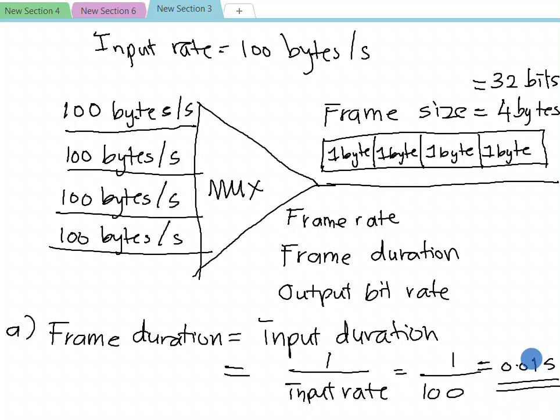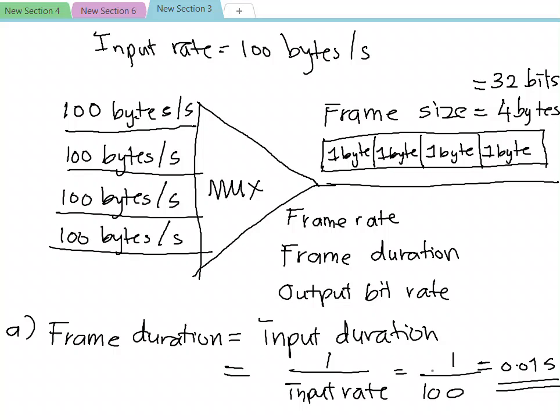Kita tak perlu risau tentang unit byte sebab sama-sama byte. Sebelah sini pun byte, sebelum ni pun byte. Samalah juga dengan frame duration.